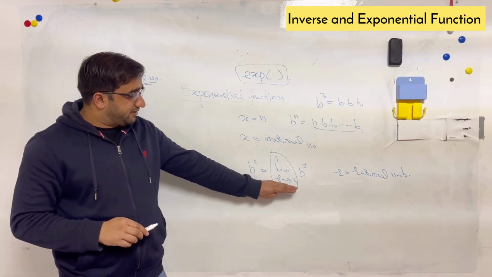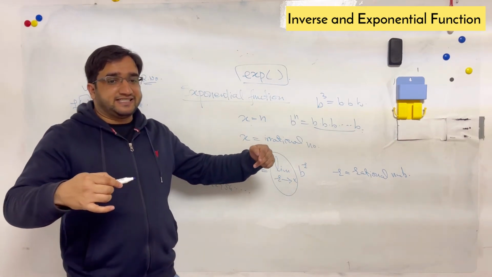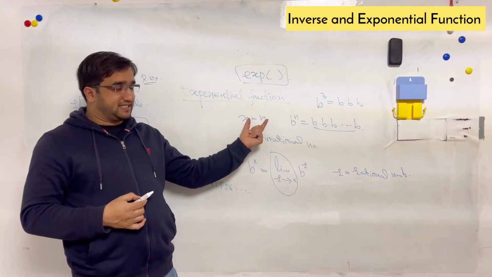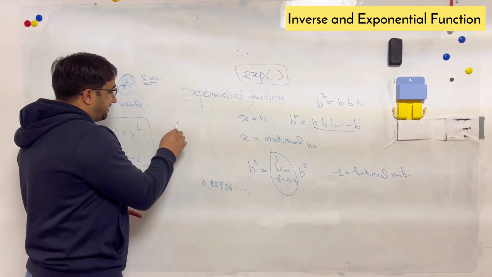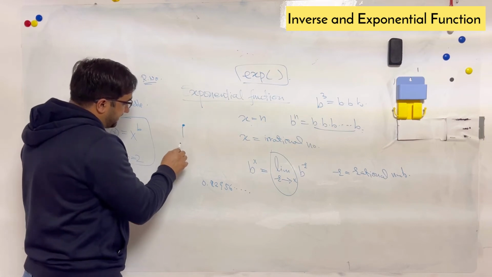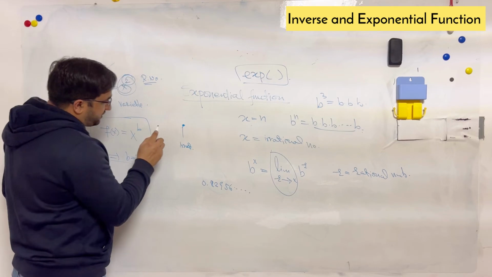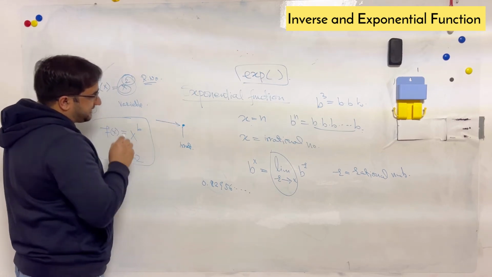For the concept of limit, assume that there is a rational number, and for example, this guy sitting here is an irrational number, and I am trying to approach it from this side.